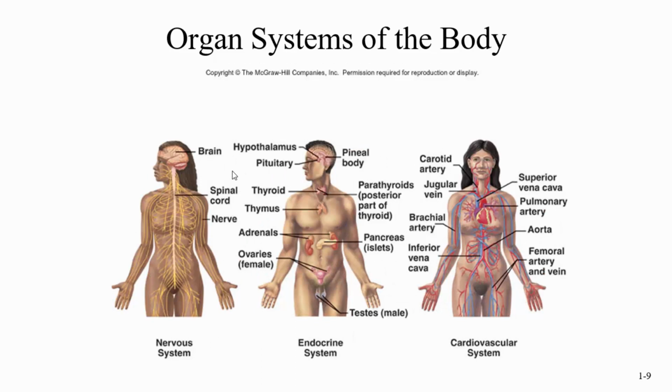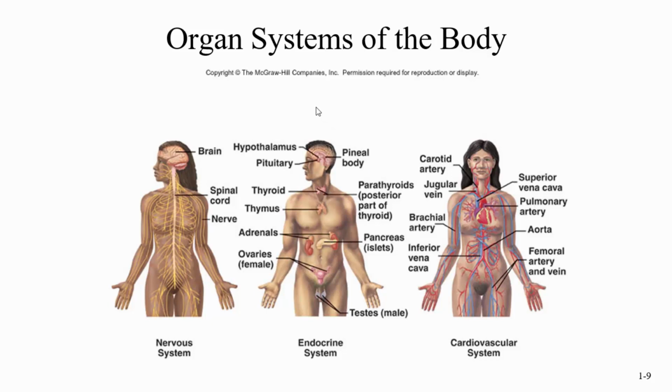The nervous system we will be covering in this semester, okay, and in this particular course. And that is going to include the brain, the spinal cord, and the nerves. And then we have the endocrine system, which is a second semester, a part 2 course.